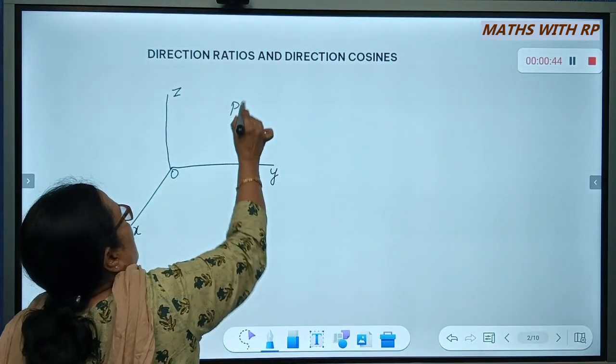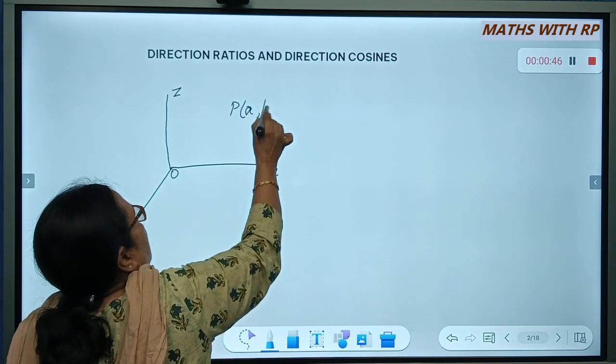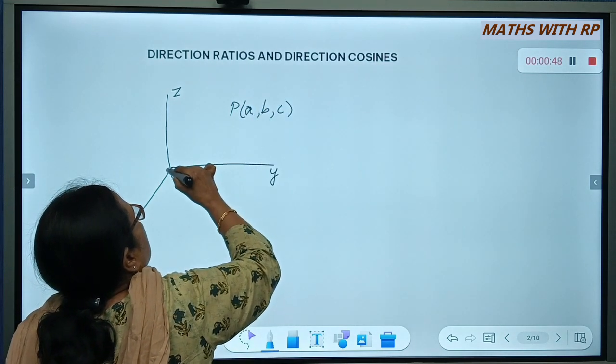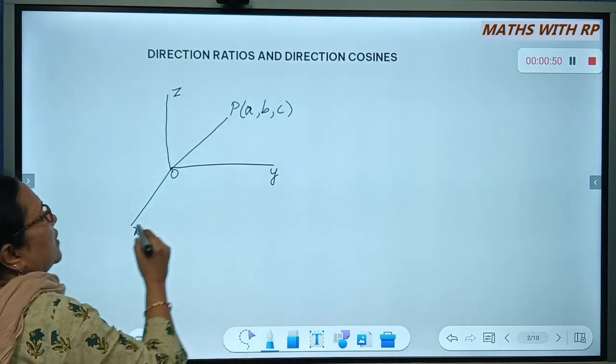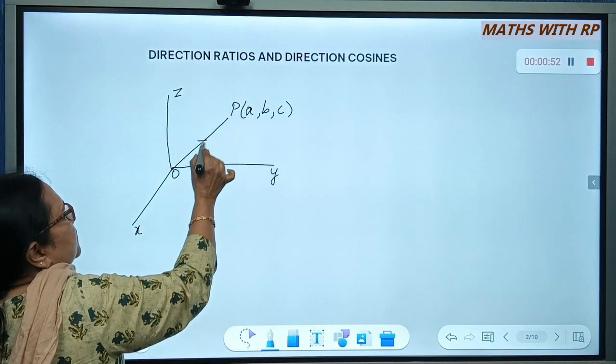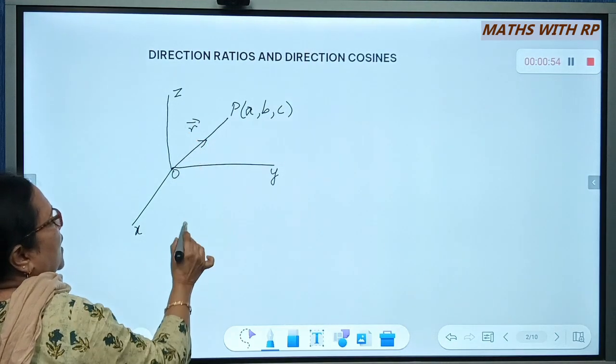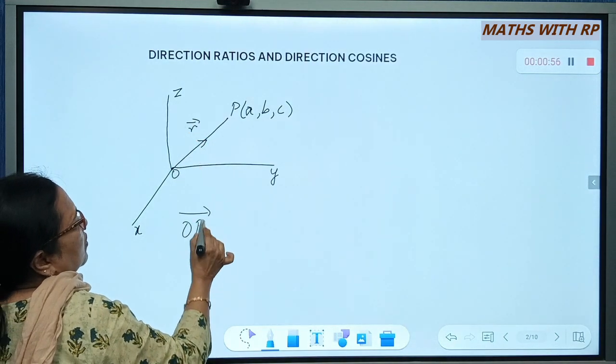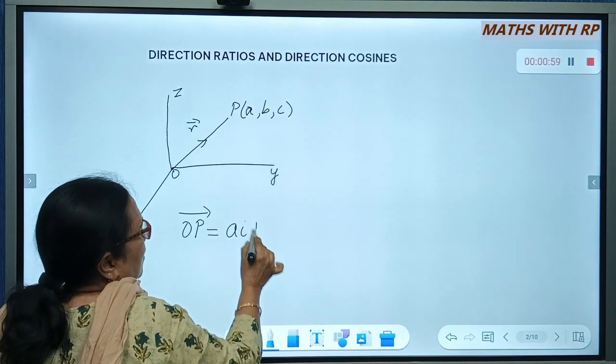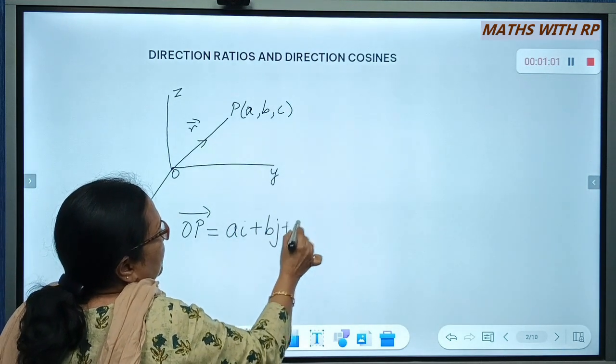And let P be a point A, B, C. Then OP vector, as you know, is AI plus BJ plus CK.